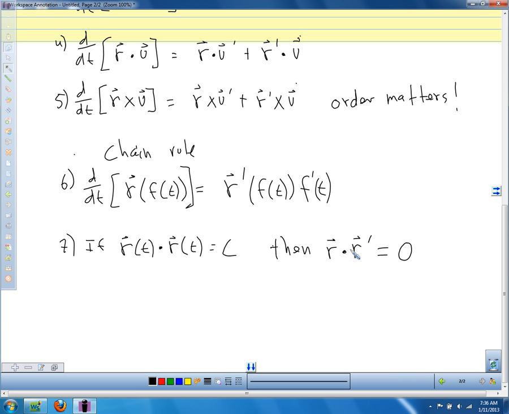So thinking back to basic ideas of vectors, what quantity is the dot product of a vector with itself? Do you remember what quantity that represents?